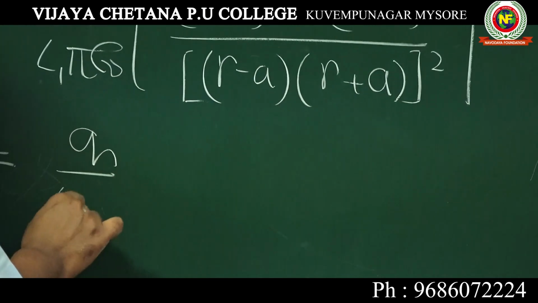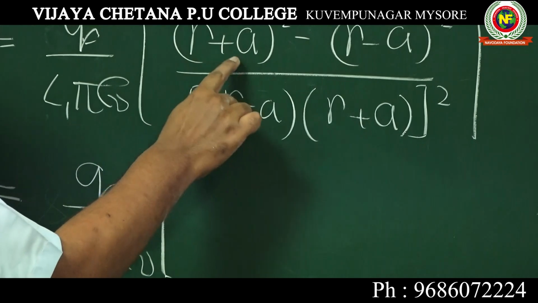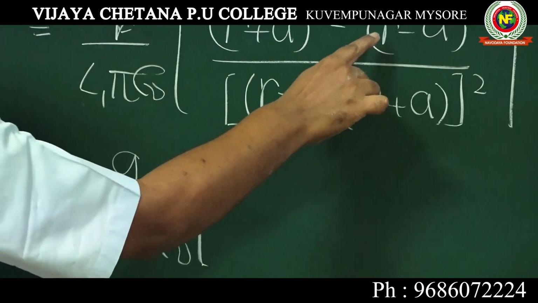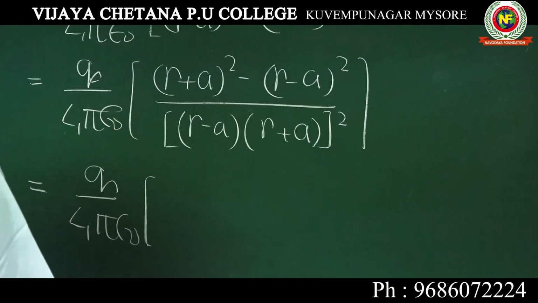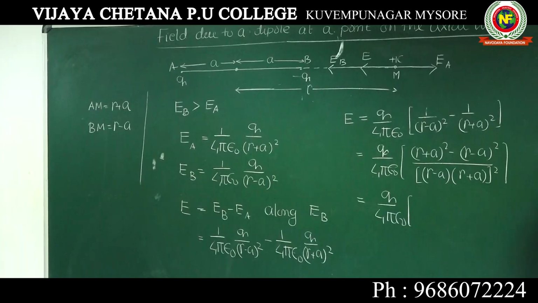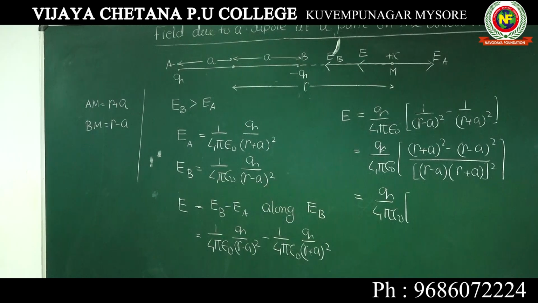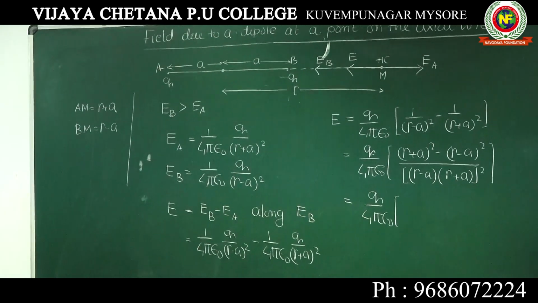Q by 4 pi epsilon naught. It is looking like a plus b whole square minus a minus b whole square. What is that? You know the formula: a plus b whole square minus a minus b whole square is always equal to 4ab.